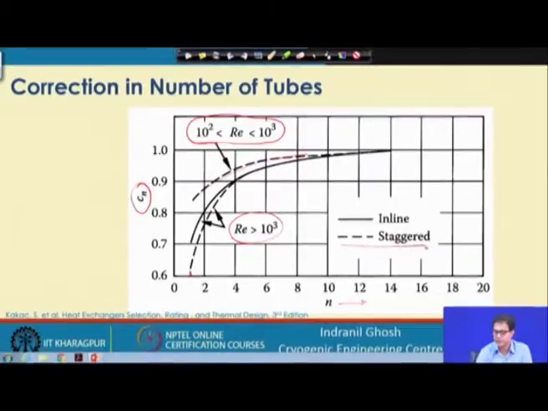Please note that this dotted line is for the staggered condition and the continuous line is for the inline condition. So, if we have the tubes arranged in inline condition, then we should look for this curve. If they are in the staggered condition, depending on the Reynolds number, we look for either this curve or this curve.